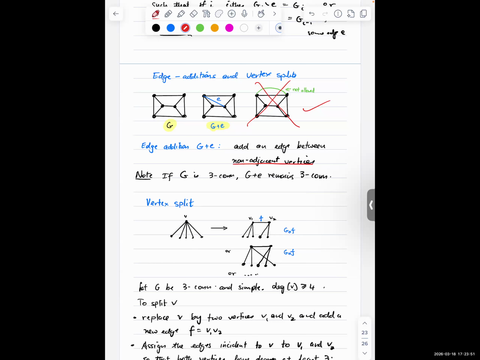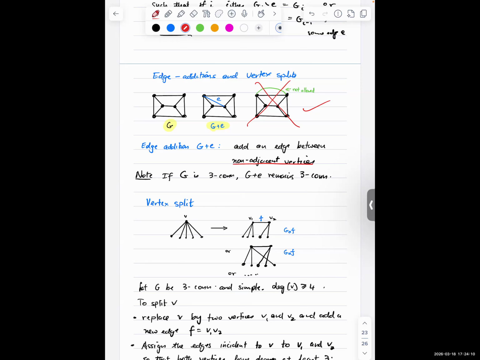Yeah, sorry? What about K5 minus E? If we add an edge, doesn't it go too far connected? Yes, very good. If you add an edge to K5 delete E, then you get K5, which is a 4-connected graph.